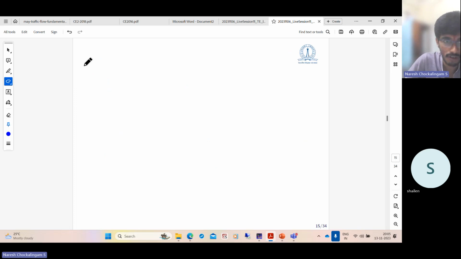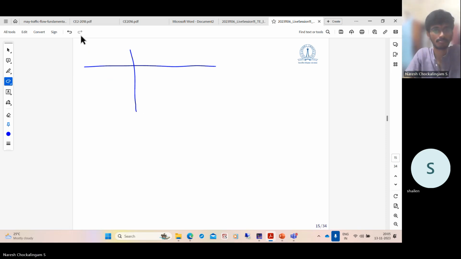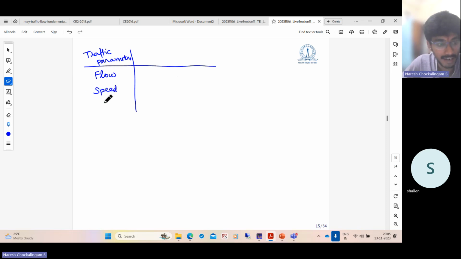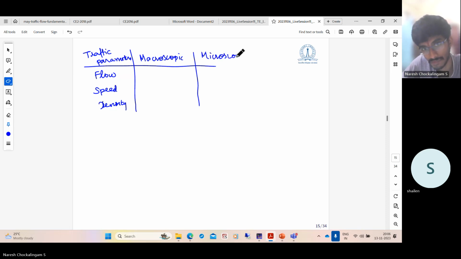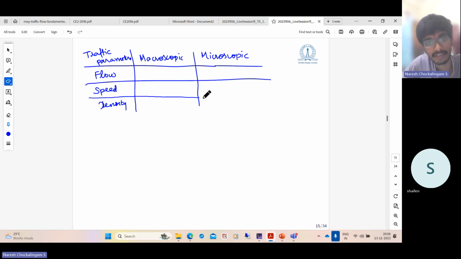So this is one table which you can remember. As I said, there are only 3 basic traffic flow characteristics or parameters, which are flow, speed, and density. There are macroscopic versions of that and microscopic. Microscopic quantities have to do with the individual vehicles.